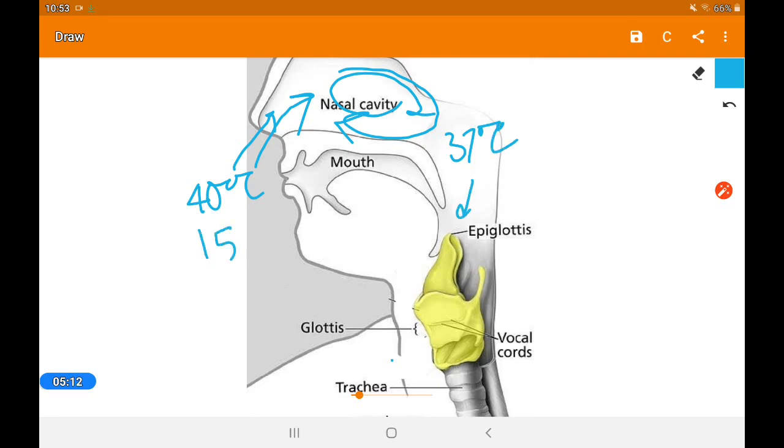If it is 15 degrees Celsius, then also it turns into 37 degrees. So it means that the nasal cavity regulates the temperature, because inside our body the air should be at the same temperature.